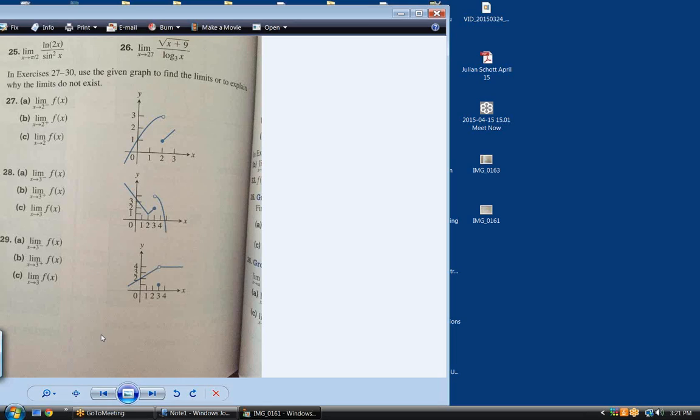Number 29, as we approach from the left, 4. From the right, 4. So what's the limit at x equal 3? 4. Yes. Okay. It's not 1.